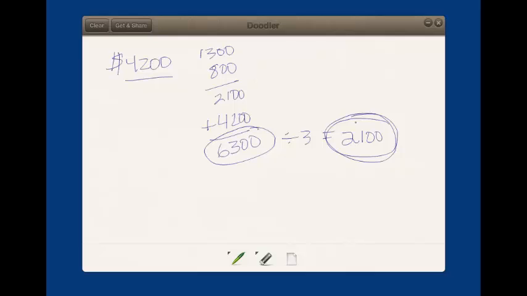Okay, but he's paying $4,200. And the situation says the bonus is shared by North and Ahern. The bonus is the difference between what he's paying and the accounting value. So our bonus is 4,200 minus 2,100, which is equal to 2,100.